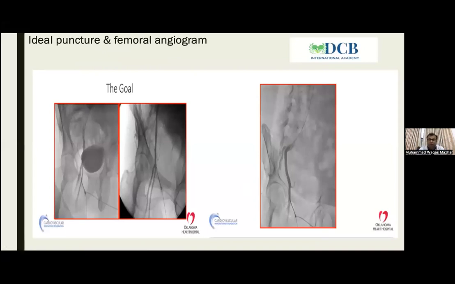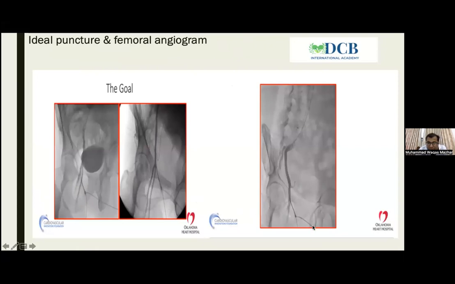Now, what are our goals of the femoral puncture? As you see, these are two branches. Our sheath insertion point is above the level of bifurcation, at the level of the mid-femoral head. It is very clearly seen in this picture. The wire is inside and our sheath has been placed.